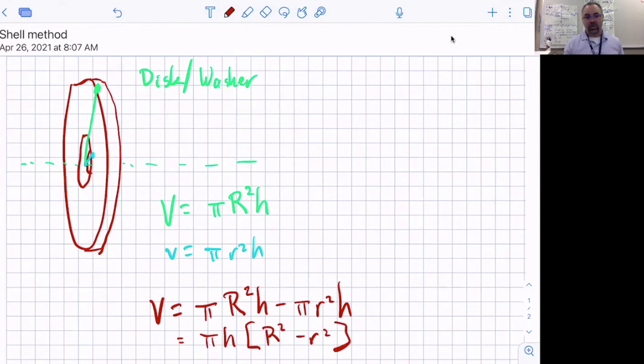And then we went on and said, look, we know that the thickness, the height of this thing, is actually some distance along the x-axis, so that turned into a dx. So we had pi times big R squared minus little r squared delta x, and then we said, now we're going to take infinitely many of these and add them all up. And that was what the video was that we had from the College Board.